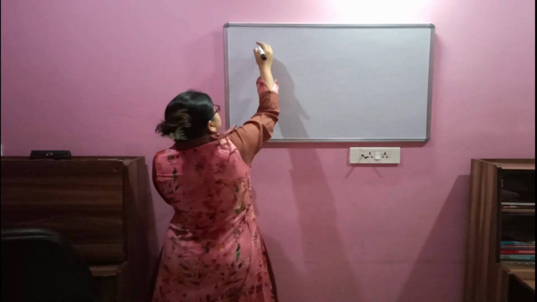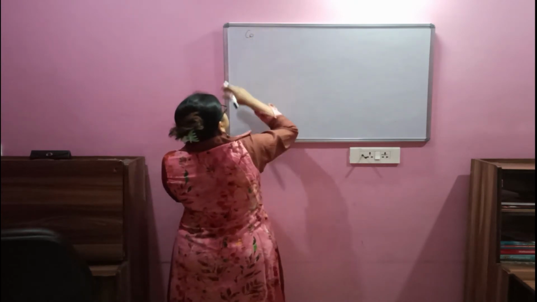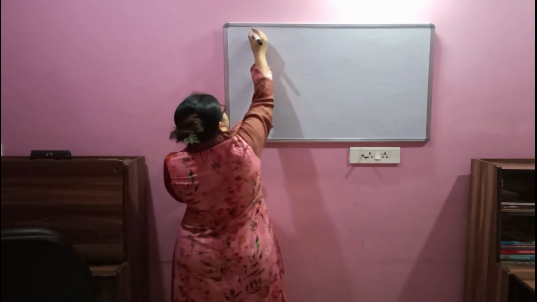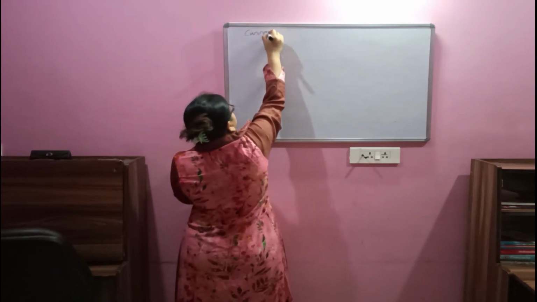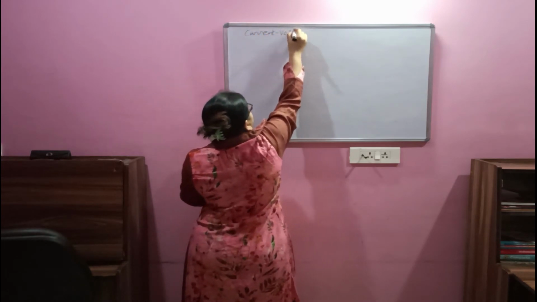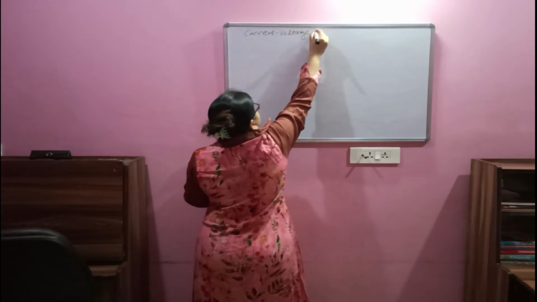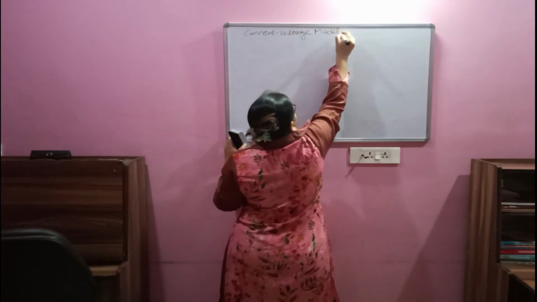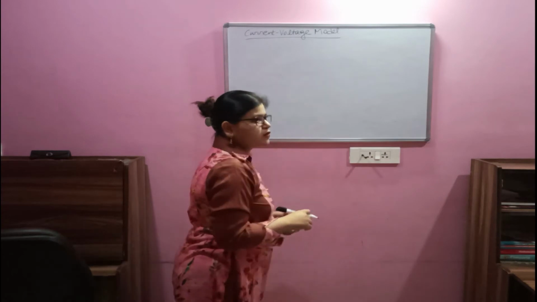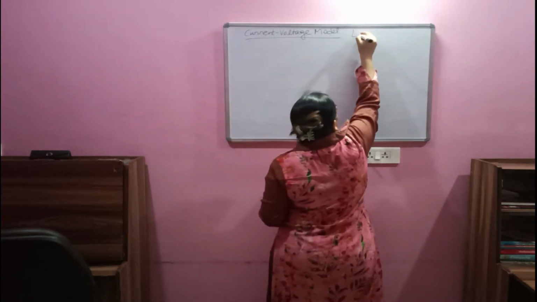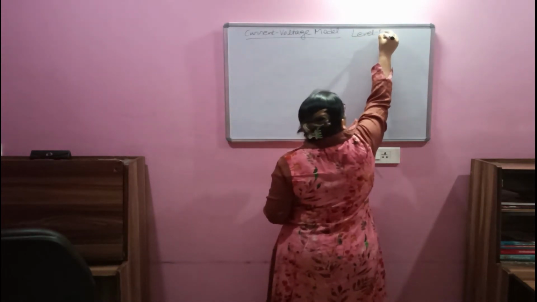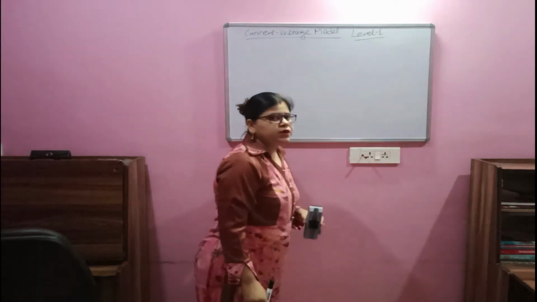Now this current-voltage model of a MOSFET is a very conventional, or we can say the first, model of the current-voltage relationship. That is why it is also known as the level 1 model, and it is a very approximate model.